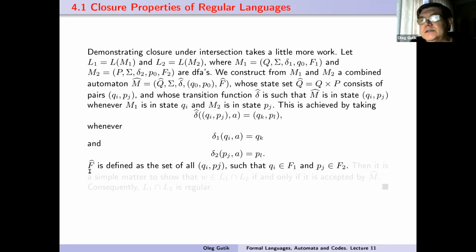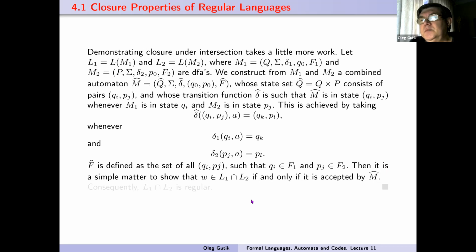The set of final states F hat is defined as the set of all ordered pairs Qi, Pj. Here is a misprint, Pj must be an index such that Qi belongs to the set of final states of automaton M1, and Pj belongs to the final states of automaton M2.